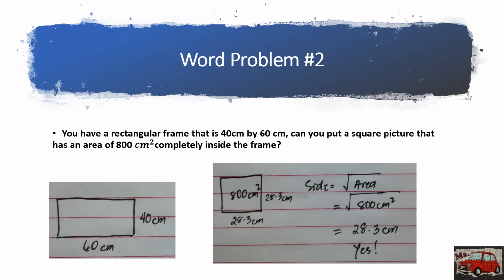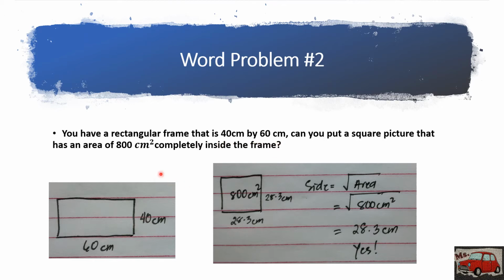You have a rectangular frame that is 40 cm by 60 cm. Can you put a square picture that has an area of 800 square centimeter completely inside the frame? Okay, so ang kailangan nating malaman is makakalagay ba tayo ng square picture na merong area na 800 square centimeter sa isang rectangular frame na merong sukat na 40 cm by 60 cm.